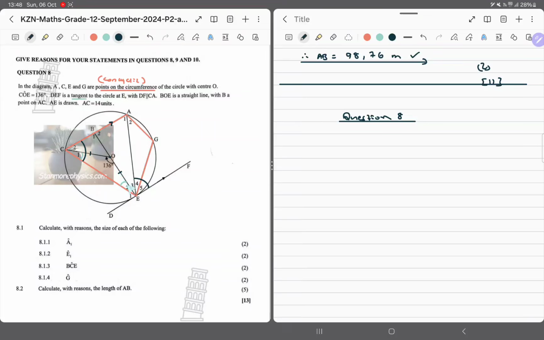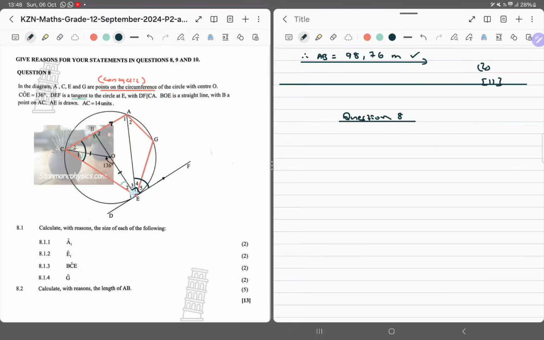Again, this is the center going to the tangent. It means these angles are all complementary angles. What do you know about complementary angles? They add up to 90 degrees. Now, we can see that this line is drawn parallel to that line.